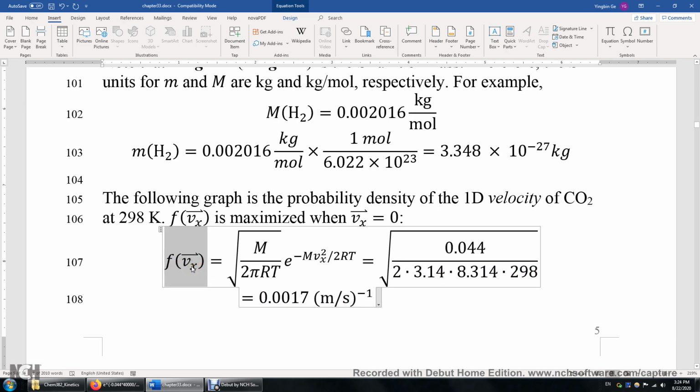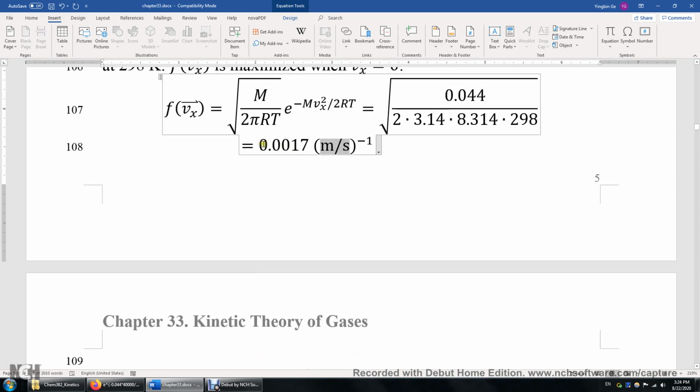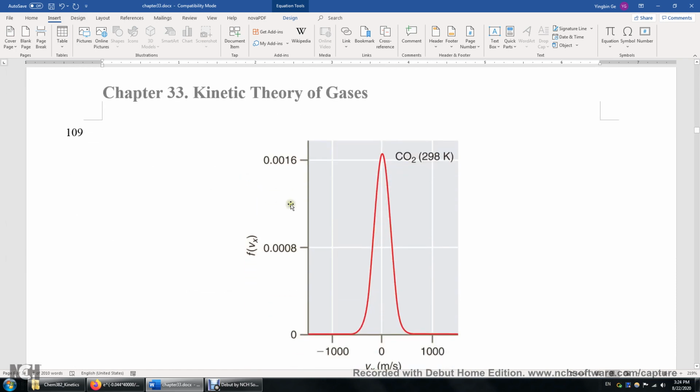That's probability divided by the range of velocity. So on top, you have no unit. On the bottom, the range of velocity has a unit, meter per second.